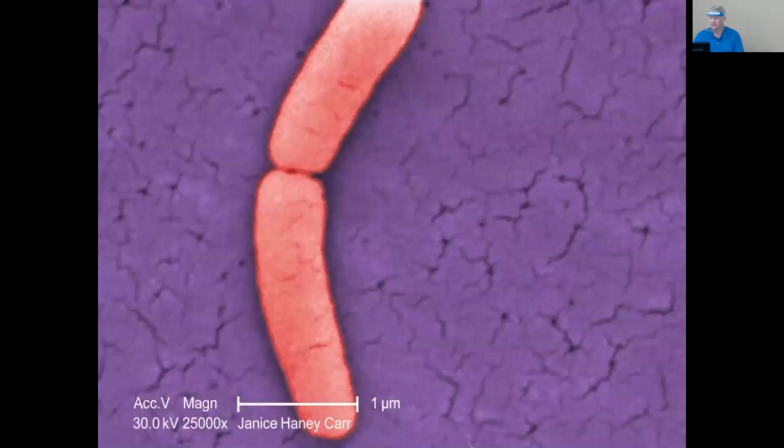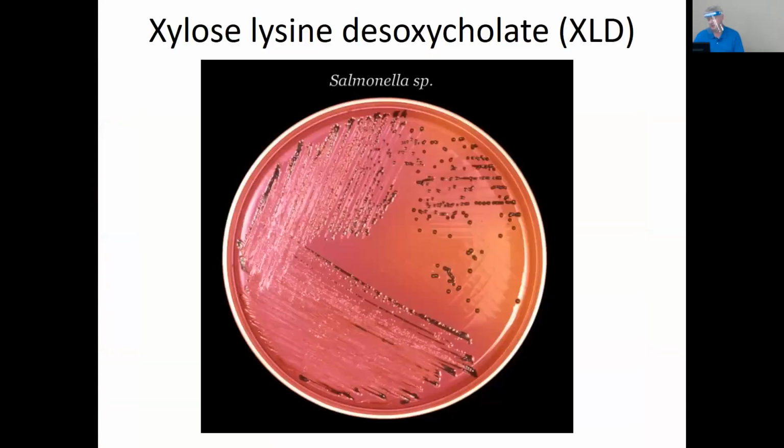Some more isolation: gram-negative rod, growing on blood or chocolate. Here is the XLD, xylose lysine deoxycholate media. I don't think we have any, but what you see is the colony picking up a color. The colony changes color for Salmonella. So if anything else was growing on these, it wouldn't pick up that distinct color.